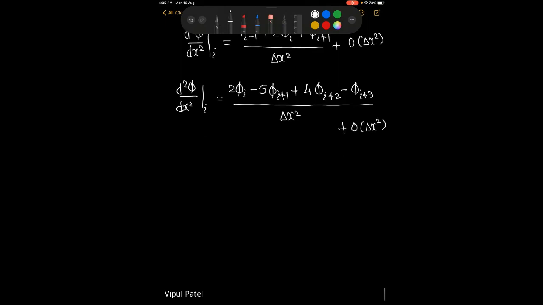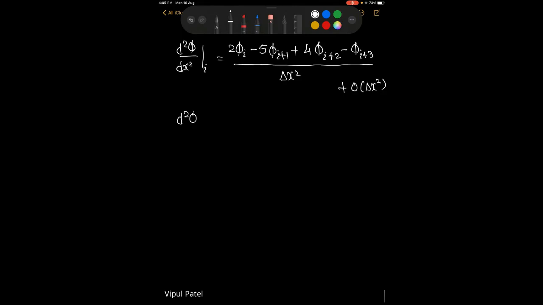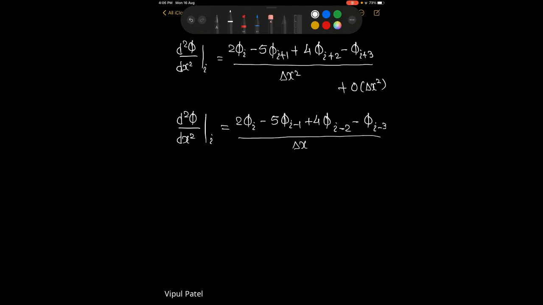And similarly with the backward difference approximation, you can have this formula: d square phi by dx square at any node I is equal to 2 phi I minus 5 phi I minus 1 plus 4 phi I minus 2 minus phi I minus 3, whole divided by delta x square, with an accuracy of delta x square.